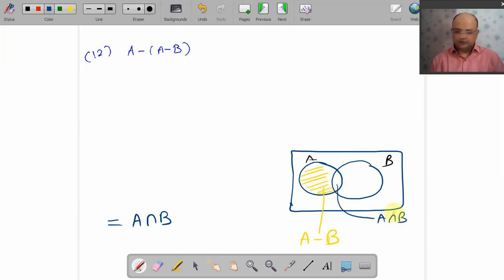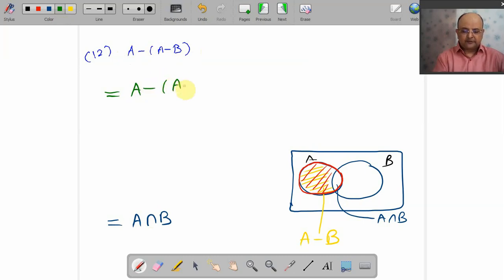A intersection B. So now I ask you, from A, if I remove A minus B, what are you left with? A intersection B. But if I ask you to prove this, and if it carries 2 marks, as an MCQ, you can directly go for A minus B is A intersection B. But if it carries 2 marks, or if it is not an MCQ, even if it carries 1 mark, you have to go for this method.